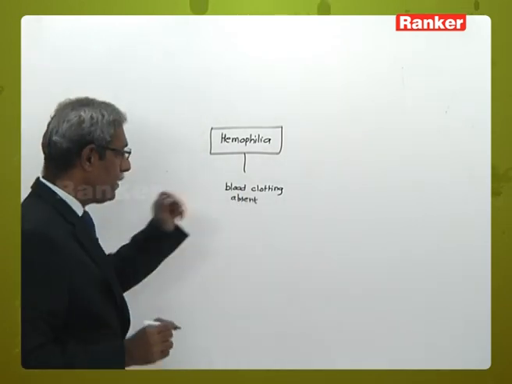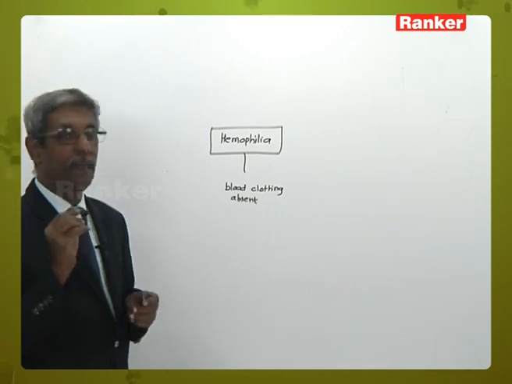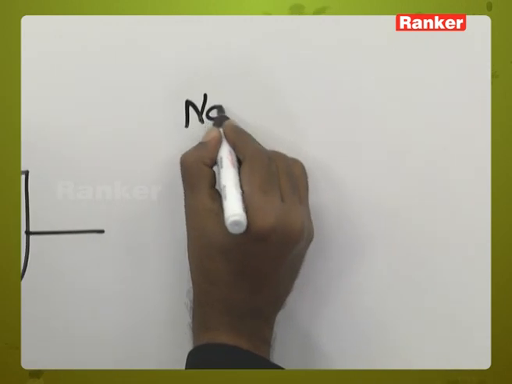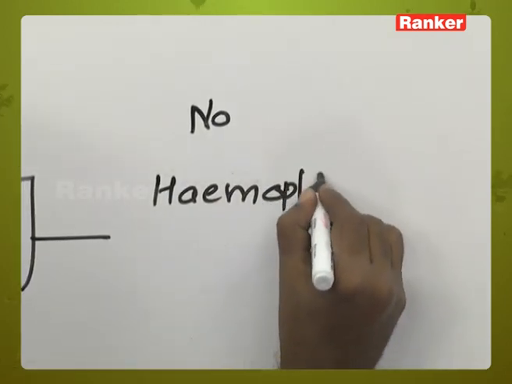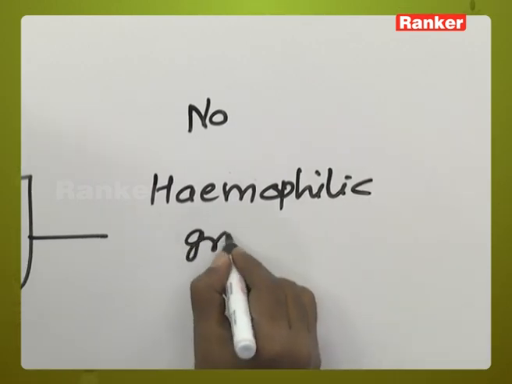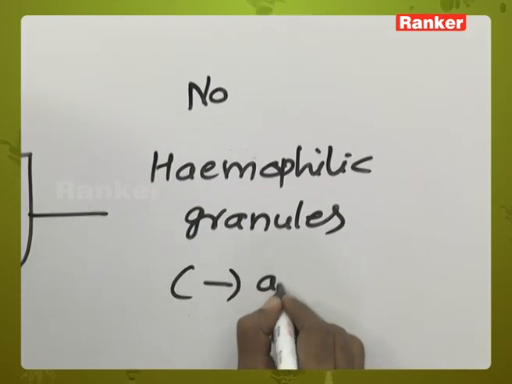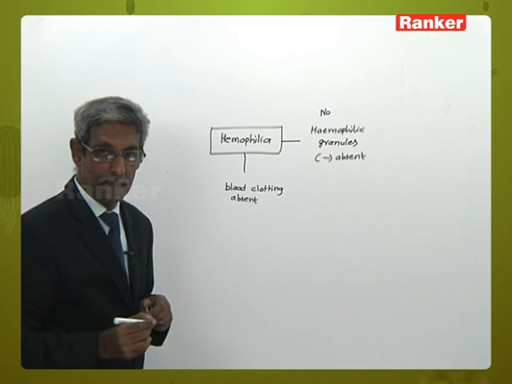The reason why blood clotting is absent is the absence of anti-hemophilic granules. The hemophilic granules are absent.